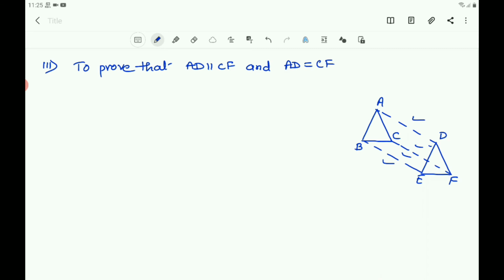Therefore, by taking that concept, you can say that AD is parallel to CF and AD equals CF. So you write, we proved that ABED is a parallelogram.